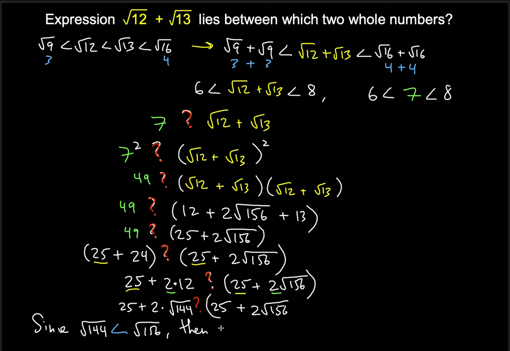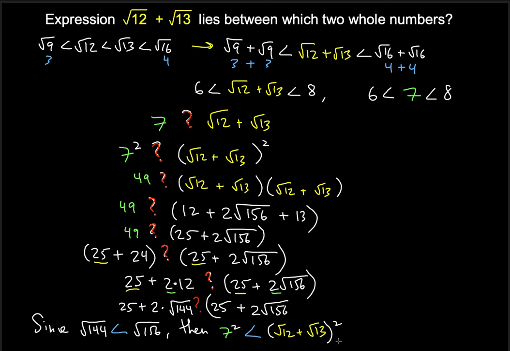Well, let's write it as 7 squared. So 7 squared is going to be less than radical 12 plus radical 13 squared, right?